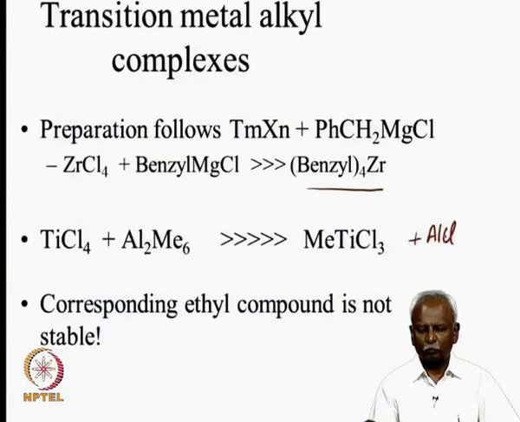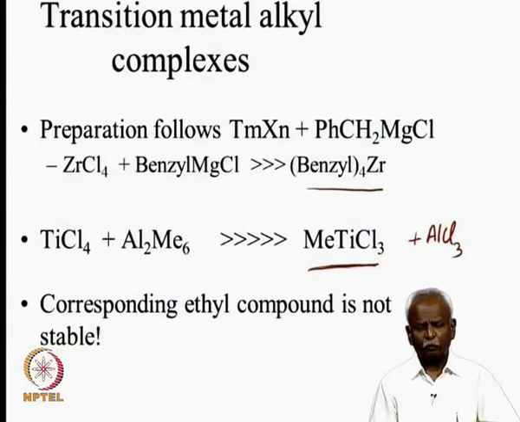So, the aluminum chlorine species is formed at the expense of generating a methyl titanium bond. So, if you mix appropriate amounts of TiCl4 and Al2Me6, you will end up with MeTiCl3. So, while these compounds can be generated fairly easily, they are quite stable.